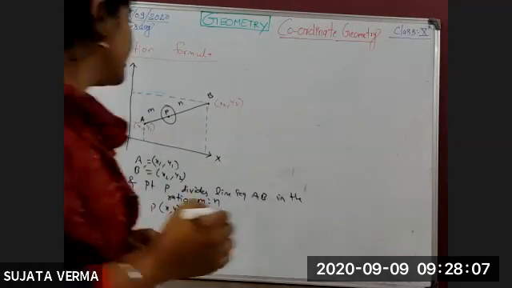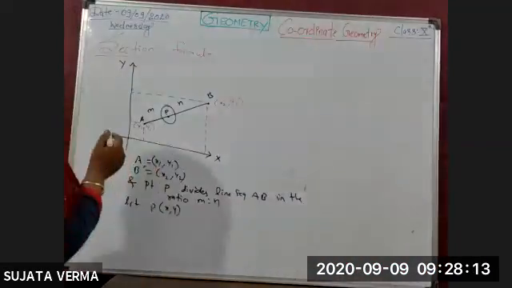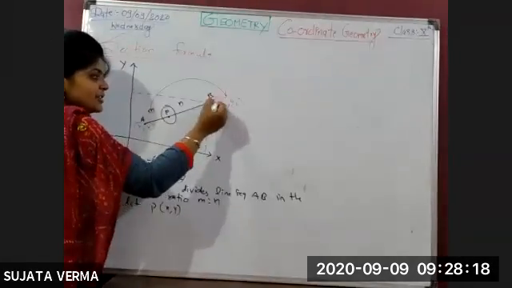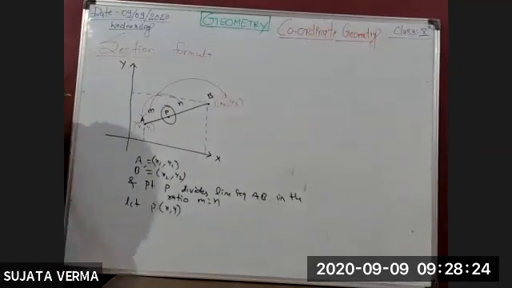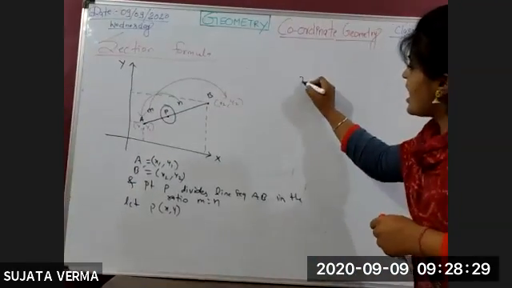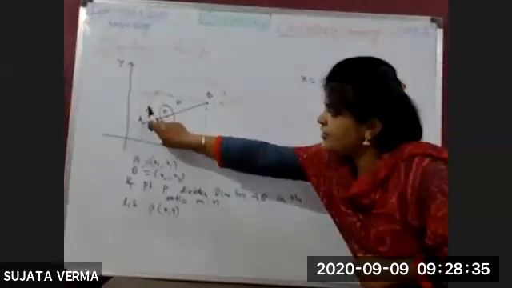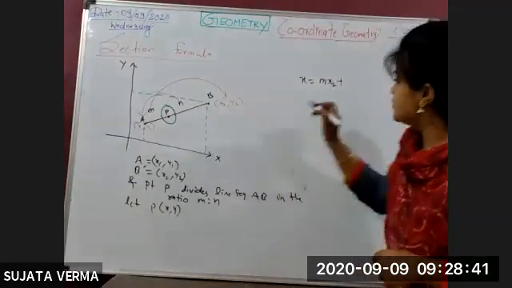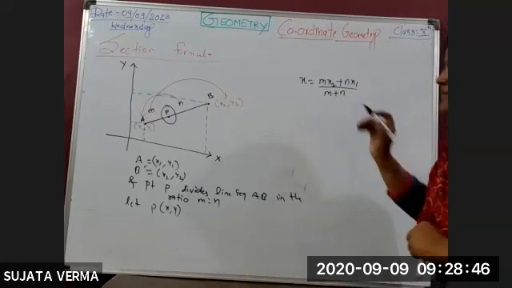So how we will find the coordinates? Here, we take this ratio m. M is multiplied into B and n is multiplied into A. When we find the x coordinate, we write m into x2 plus n into x1, upon m plus n.